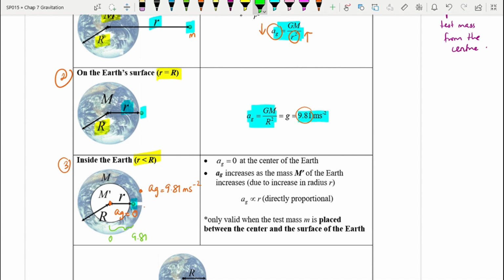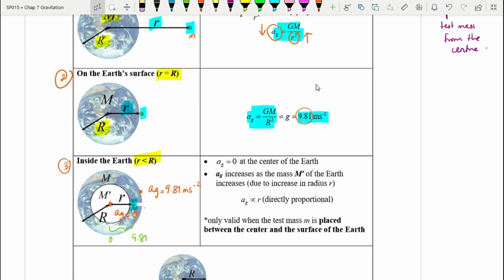Jadi relation dia ada derivation dia sendiri, which kita tak perlu tahu sebab melibatkan density of the earth, sebab mass dia dah berbeza. Tapi untuk derivation kita tak perlu tahu, cukup sekadar kita tahu yang relation antara a_g dengan jarak R of the test mass inside the earth, dia akan jadi directly proportional.